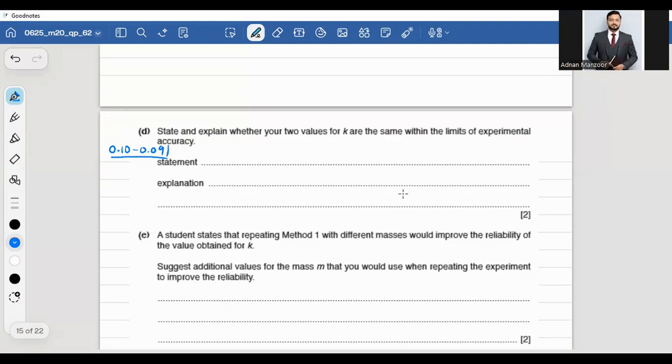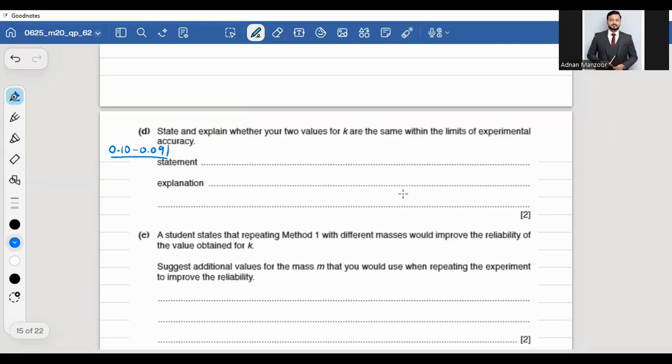How can you find out? First you find out whether they are within the limits of experimental accuracy or not. How can we work it out? Subtract the smaller value from the larger value, and then divide by their average.